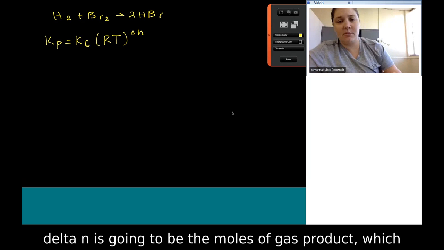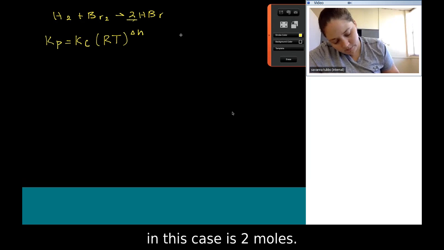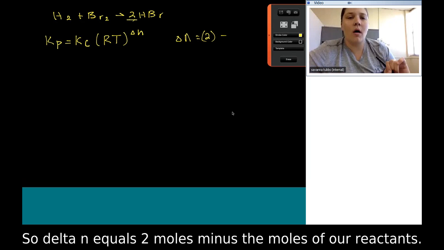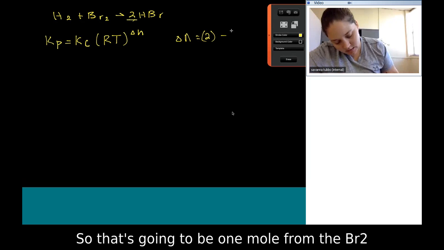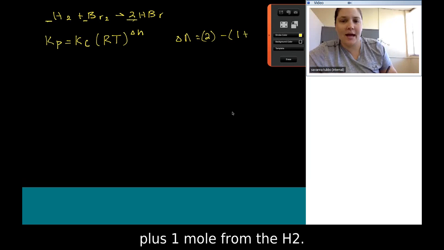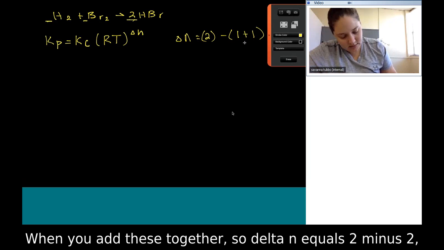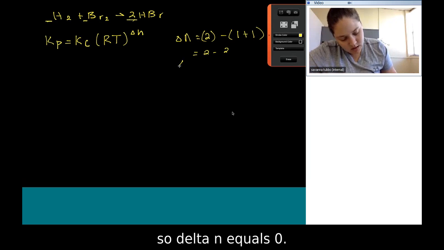is going to be the moles of gas product, which in this case is 2 moles. So delta n equals 2 moles minus the moles of our reactants. So that's going to be 1 mole from the Br2 plus 1 mole from the H2. You know that when you add these together, delta n equals 2 minus 2, so delta n equals 0.